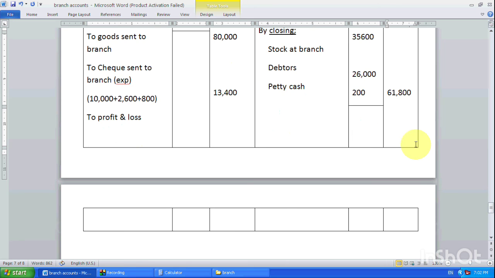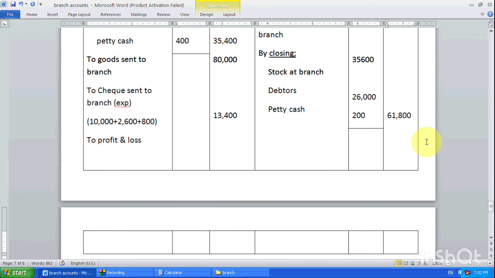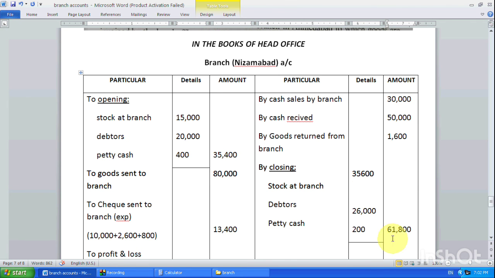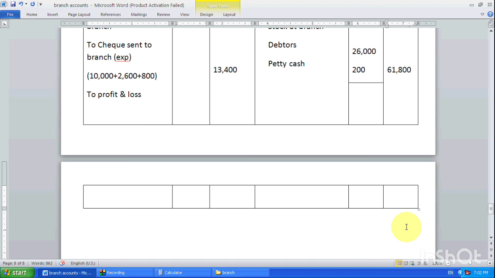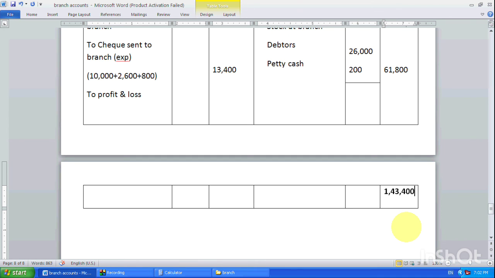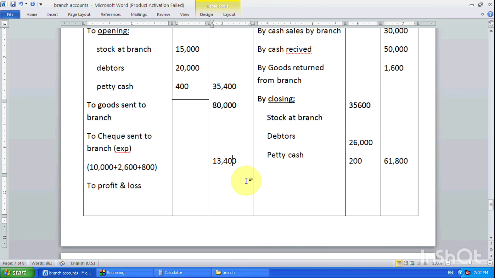Here first 30 plus 50, 80,000, plus 50, 1 lakh, 1,10,000, 1,31,000, 1,33,400, 1,43,400. So 1,43,400 is the income.